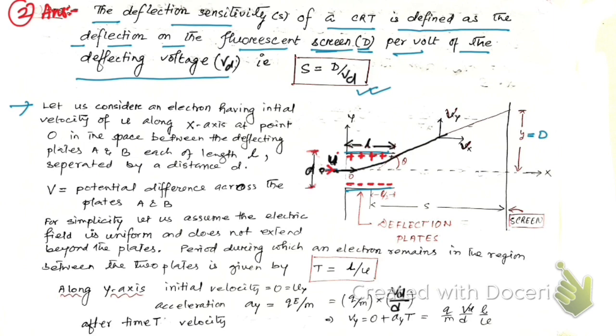If we extend this track backward, it makes an angle theta with the x-axis. Suppose this is the x-axis. The extended line, when extended backward, intersects at a point which is at L by 2, that is, at the midpoint of this region.